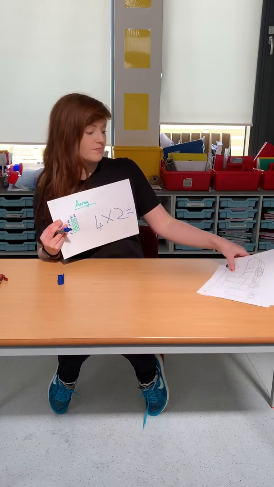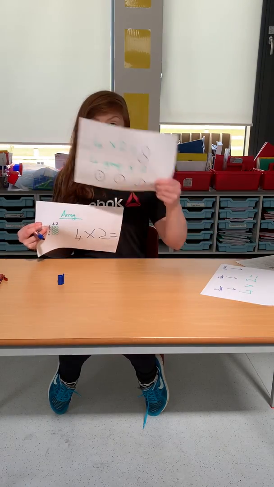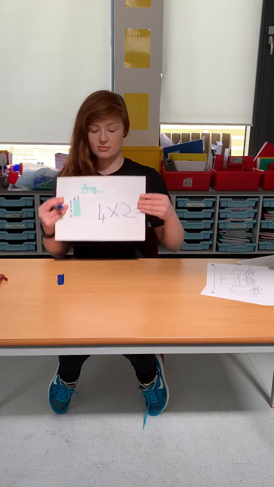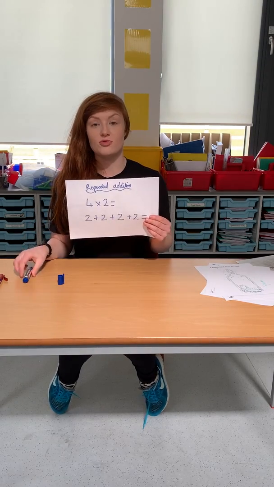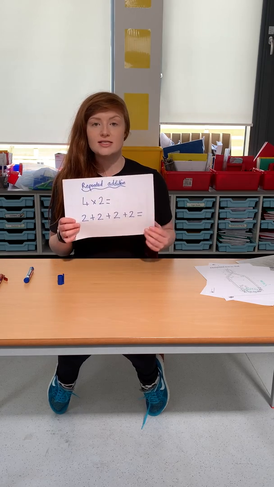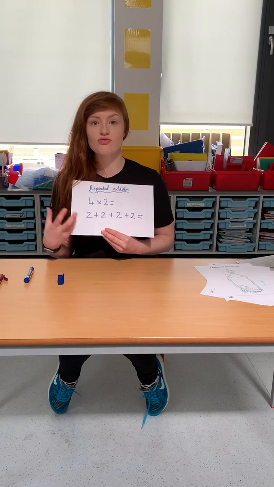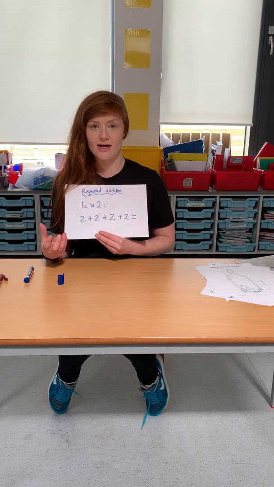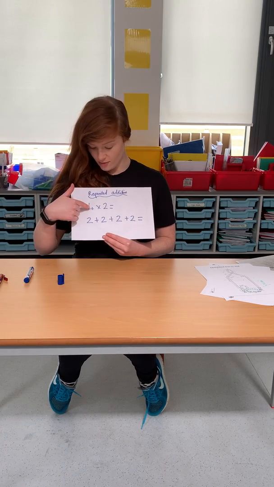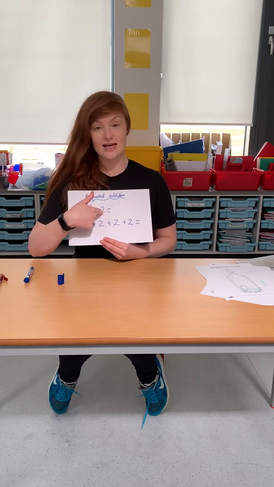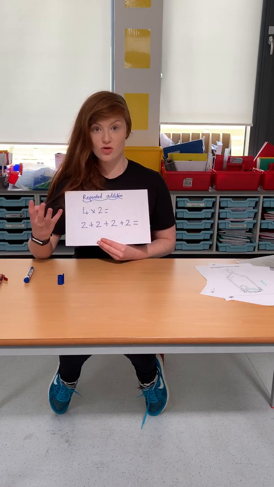So you've got creating the groups and the dots. You've got arrays that you can use. Another thing that I get my children to use is repeated addition. Repeated addition can be used when the children really know those number bonds really well and they know that they can count in 2s quite easily. So for example, 4 lots of 2 is the same as saying add 2 4 times.